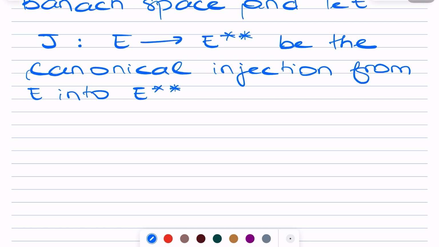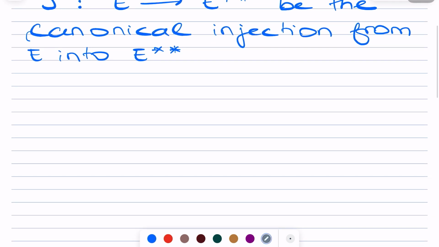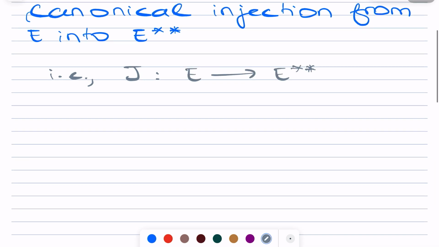So this means, remember how the canonical embedding was defined: at x you have d of x, and then it takes a linear bounded functional f to f of x.